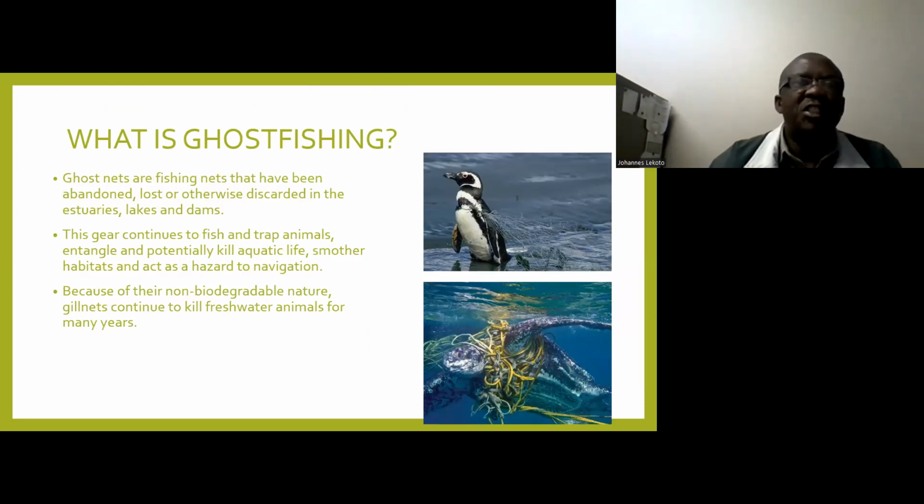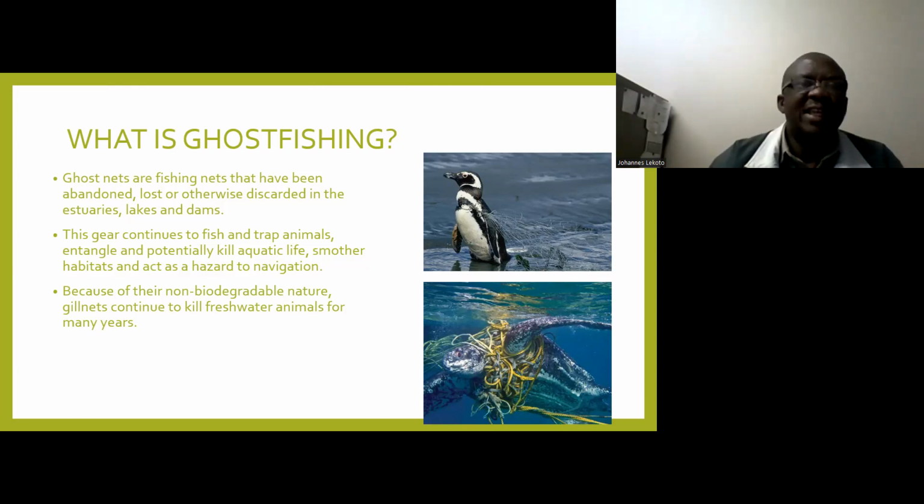What is ghost fishing? It's still related to the nets, to gill nets. Ghost nets are fishing nets that have been abandoned, lost, or otherwise discarded in the estuaries, lakes, and dams, even in the ocean.